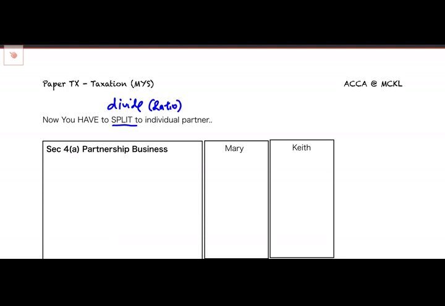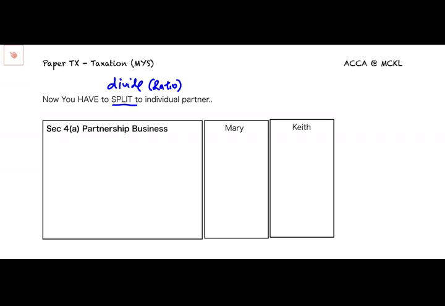Okay? Now how do you divide? Let us start with the divisible income, and the ratio is supposed to be half-half. What is the divisible income? 136, right? So each of them will get 68.